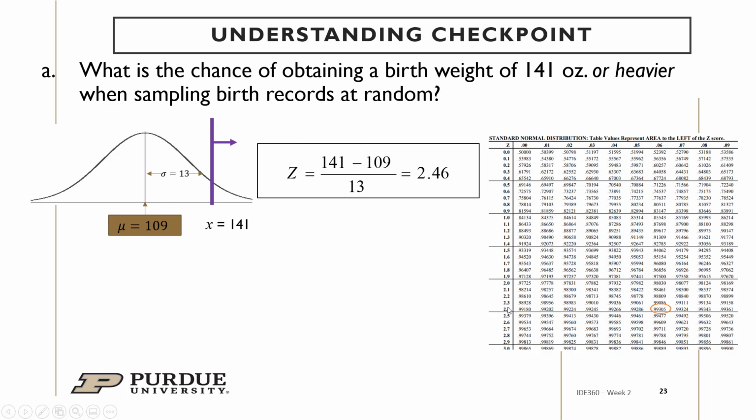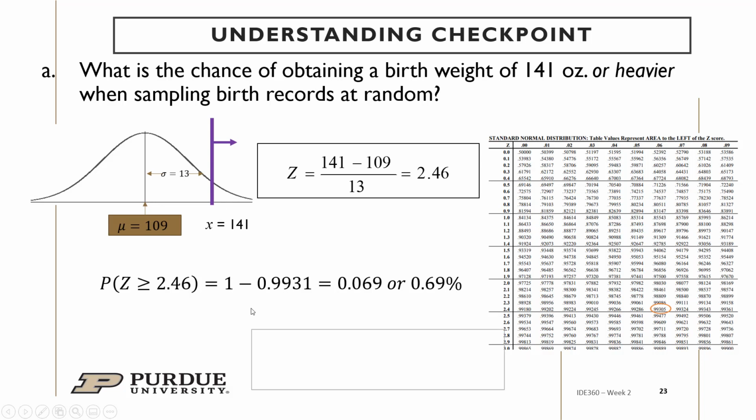We first find the integer and the first decimal, and then the second decimal 0.06. The sum of these two gives me 2.46. This is my probability, 0.993. And then, because I'm interested in this end, I need to get the complement of it, right? This is the probability of everything at or below that level. Therefore, I need to subtract that from 1 to know what is on top of that.